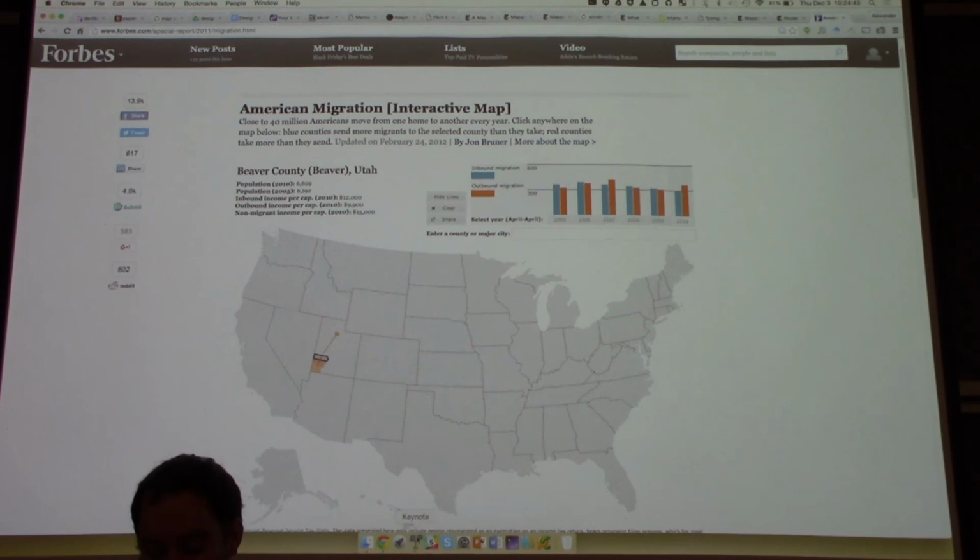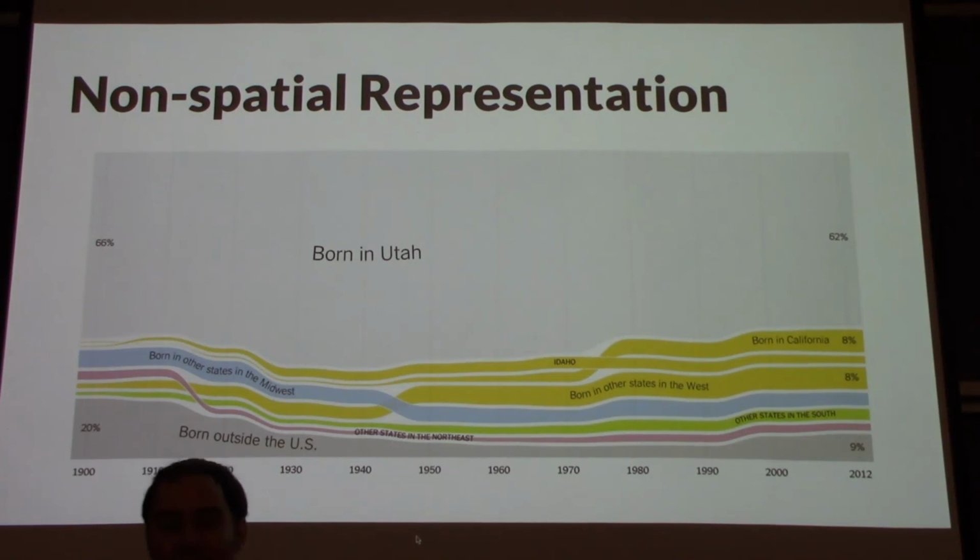But just to juxtapose this, I also wanted to show you a non-spatial representation of this data. The New York Times has a great feature on migration, and I picked out the Utah version. This shows where people that currently live in Utah are from.